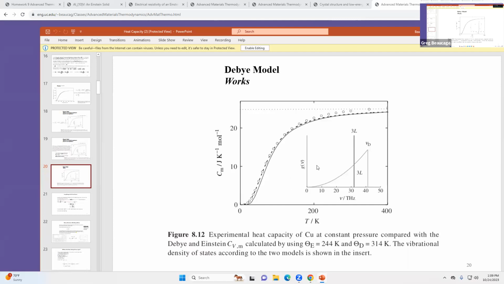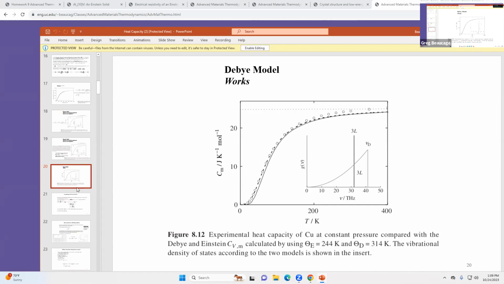Then there are acoustic vibrations, which are movements of the atoms in a coordinated fashion, like a wave through the material. You compress and then decompress, and that compression wave moves through the material at different wavelengths.